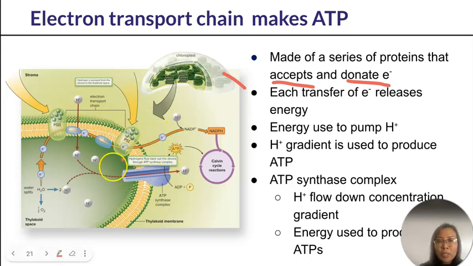So this potential energy is going to be used to push that hydrogen ion across, and that energy is going to be converted into producing ATP. So we're going to take all this potential energy, and that energy is going to be used to synthesize ATP by adding a phosphate to ADP.